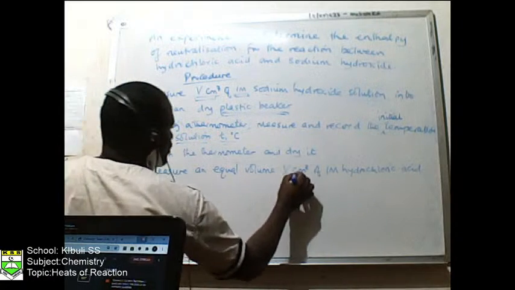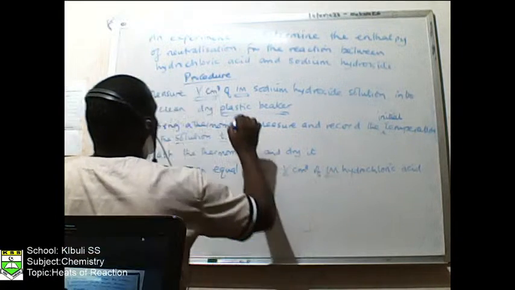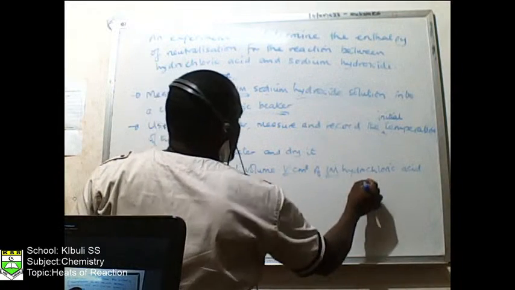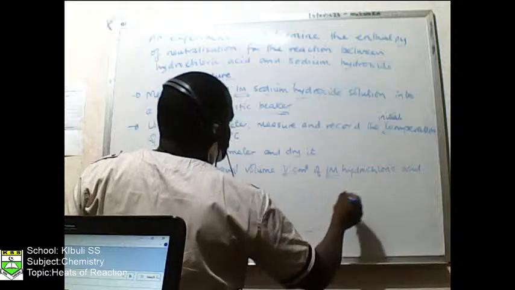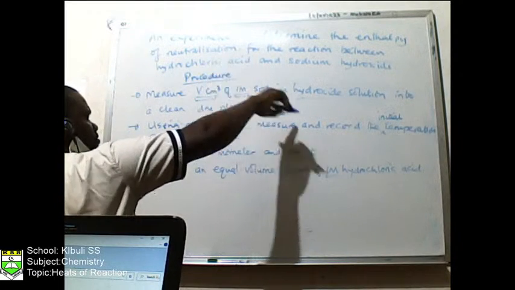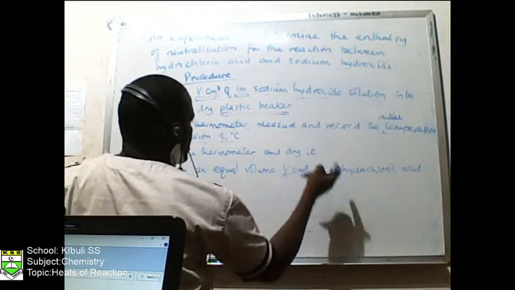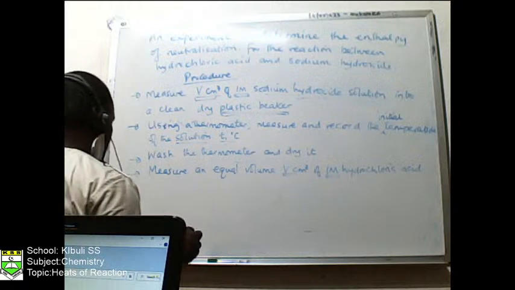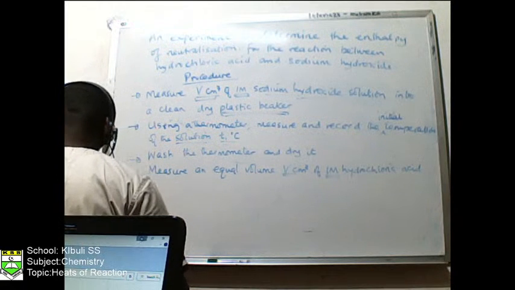So this is the same volume and the same molarity. Remember, one molecule of sodium hydroxide produces 1 hydroxide ion, and then 1 molecule of hydrochloric acid produces 1 hydrogen ion. So you have an equal number of moles of hydroxide ions and hydrogen ions. So that can give us a very, very easy calculation.